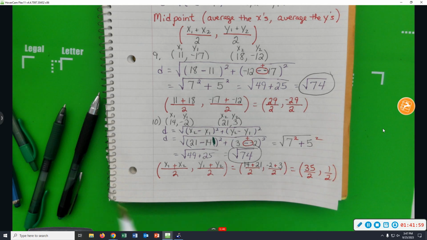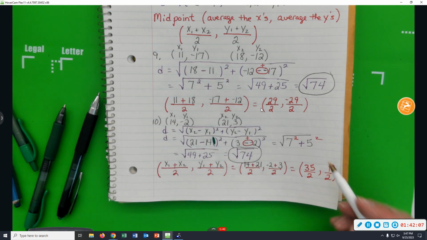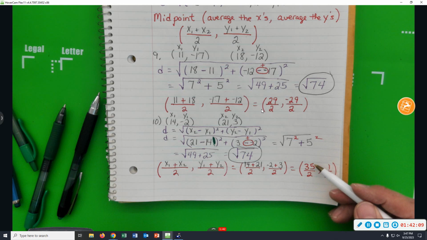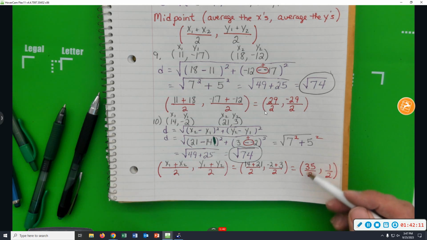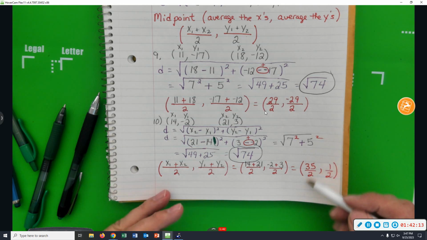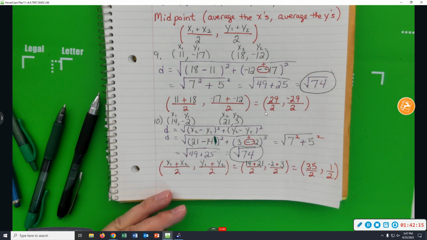So 35 over 2, that's 17 and a half. So the point that lies right between 14, negative 2, and 21, 3 would be 17 and a half, up a half.